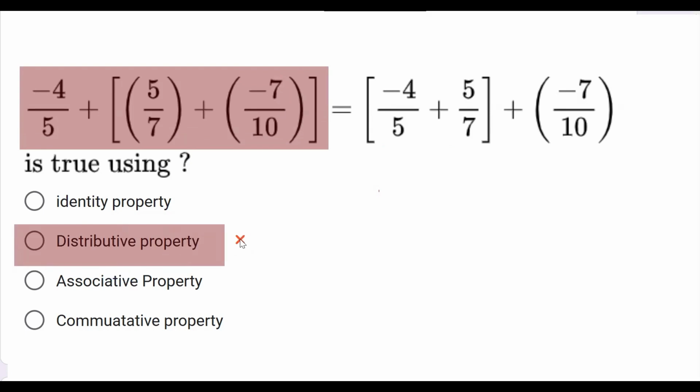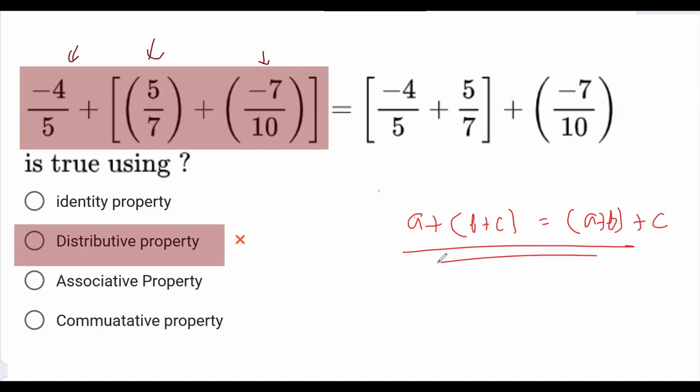This is not correct. Now check here, if I take this as A, this as B, this as C, what you can observe is that this is A added with the sum of B plus C. And on the other side, we have A plus B added with C. So clearly this is associative property. So associative is correct and not distributive.